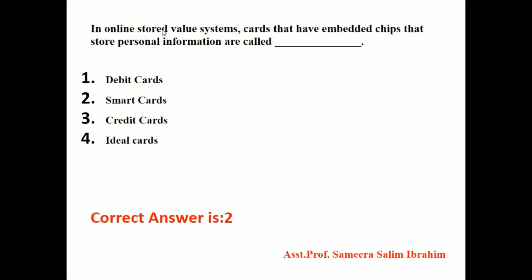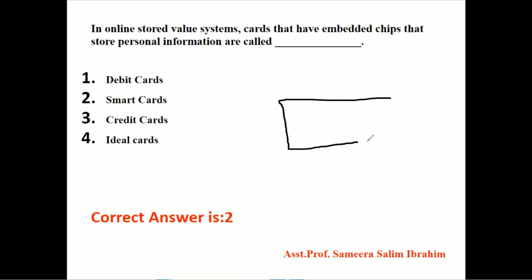In an online stored value system, cards that have an embedded chip that stores personal information are called what? The card that stores personal information doesn't only get used for the transaction, it also stores your personal information. That means it has a small chip inside which your personal information is stored.